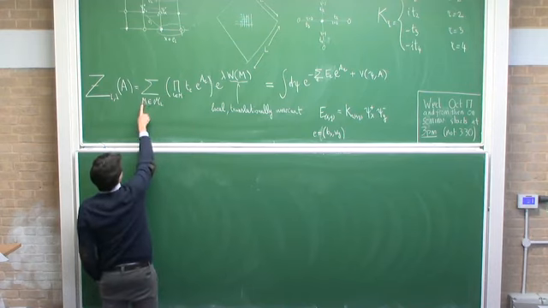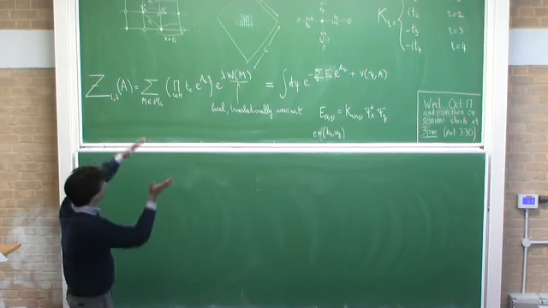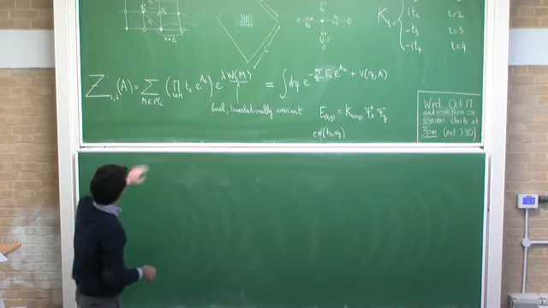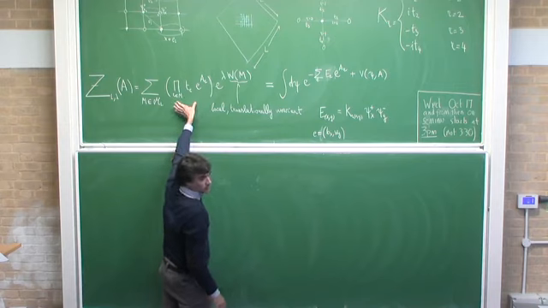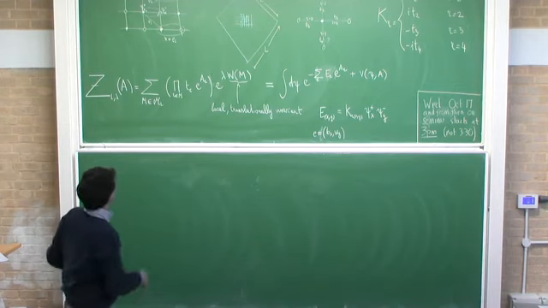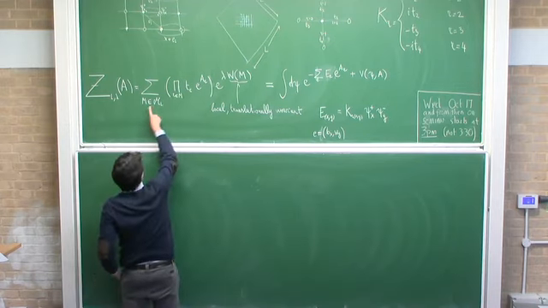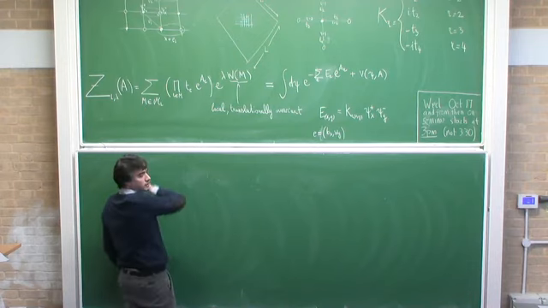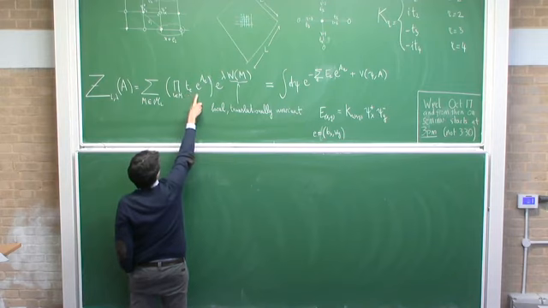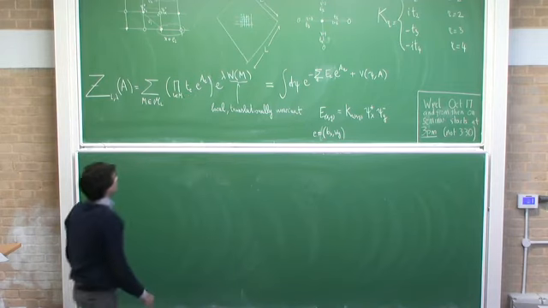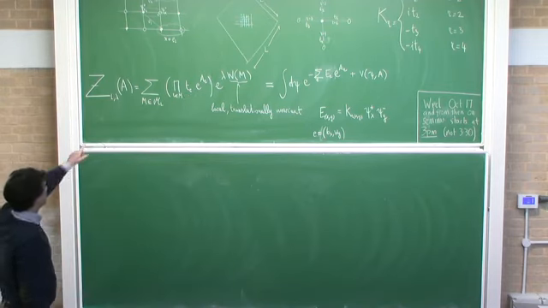It's a sum over allowed dimer configurations in my box L times L. There is a sort of one-body prefactor. This is a product over the edges covered by a dimer in the dimer configuration M of the dimer weight TE, here modified by this exponential of the external field AE.